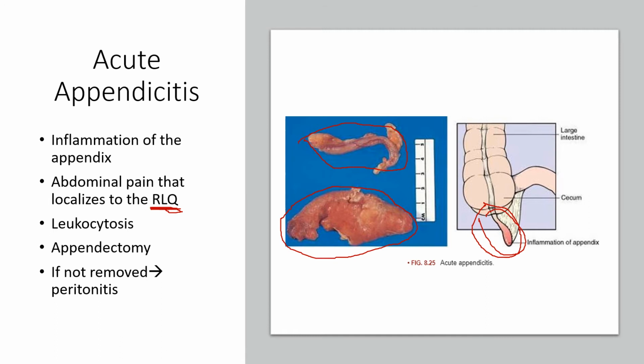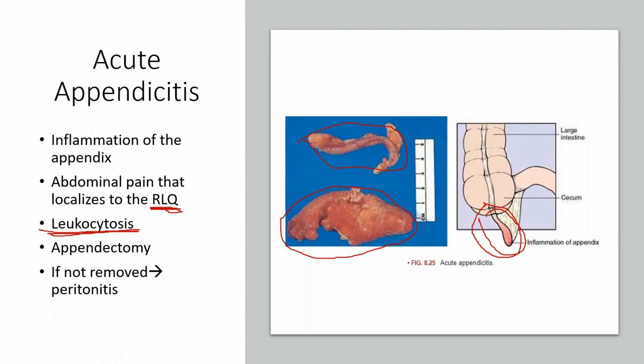The physician may do a complete blood cell count and urinalysis, and laboratory findings may indicate an elevated white blood cell count, or leukocytosis. And anytime we have an elevated white blood cell count, that means that the body's immune system is trying to make more white blood cells to fight off whatever pathogen is in the body.